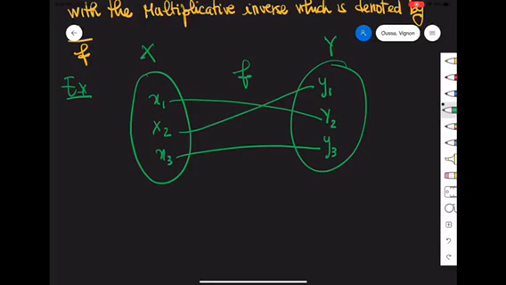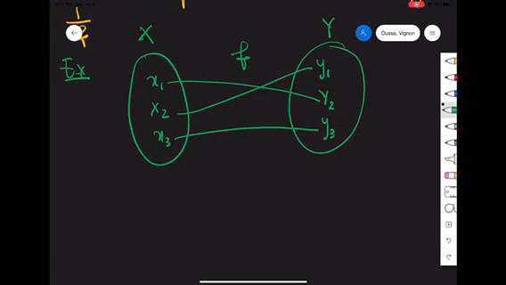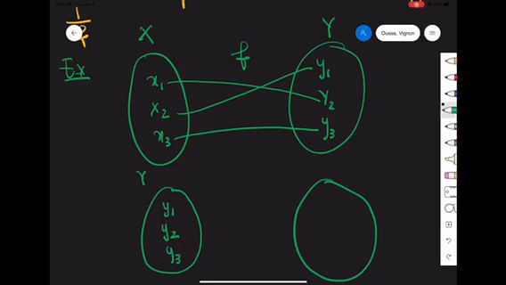Now, to define the inverse of this function, we need to reverse. So we'll have y here: y1, y2, and then y3. And x is here: x1, x2, and then x3. So the domain of f becomes the codomain of its inverse, and its codomain becomes the domain of the inverse.